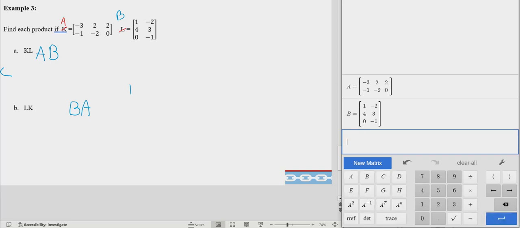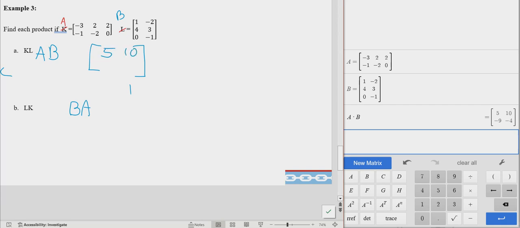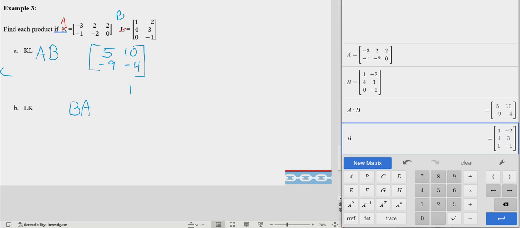And so they ask us to multiply one way. And so for this first one, I get a 2 by 2 matrix. And for the second one, it asks me to switch the order.